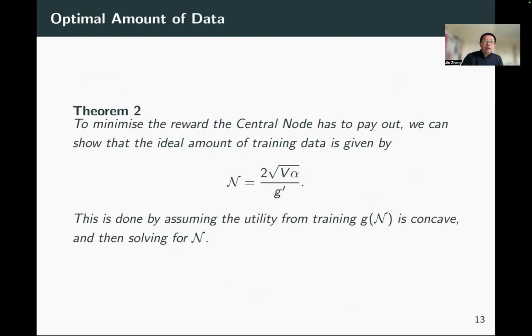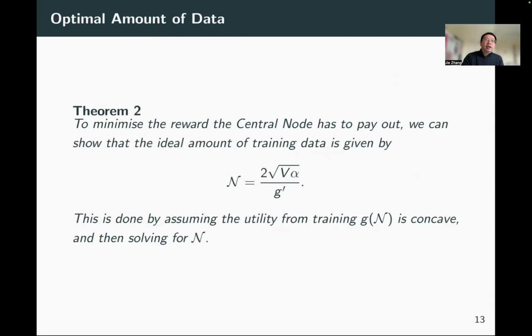And our second result here is that we can actually characterize the optimal amount of training data to train on. This is because we are assuming that our utility for the neural network or our model is concave, as it will be. We expect that there will be diminishing returns as we increase the amount of data. If we double or triple the amount of data, we are probably going to get slowly less.